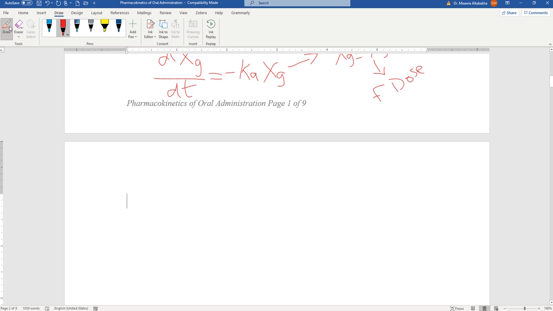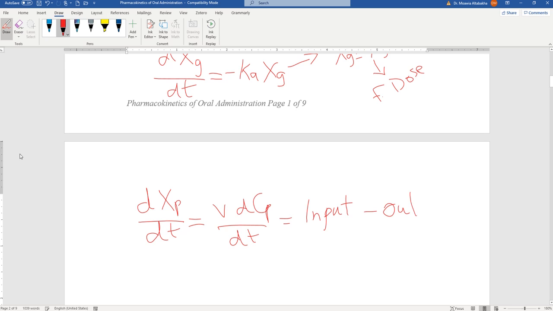I will write here dXp divided by dt, differential equation, talking about the change in the amount of the drug in the compartment, is equal to V dCp على dt. Okay, نفس الشيء. I multiplied by V عشان يصير amount same as this one. It's equal to input اللي هو positive, minus الاوتبوت.